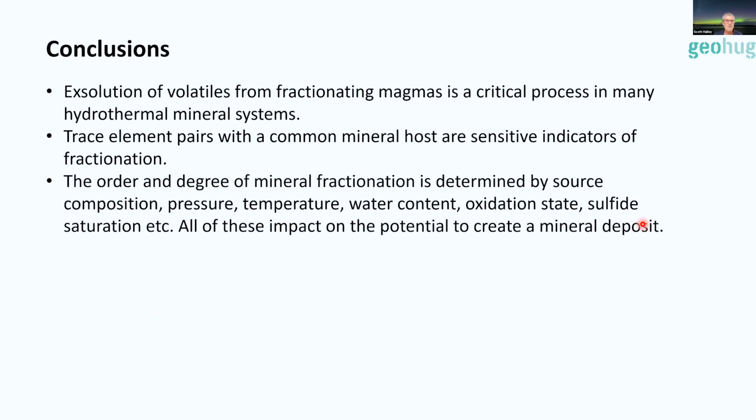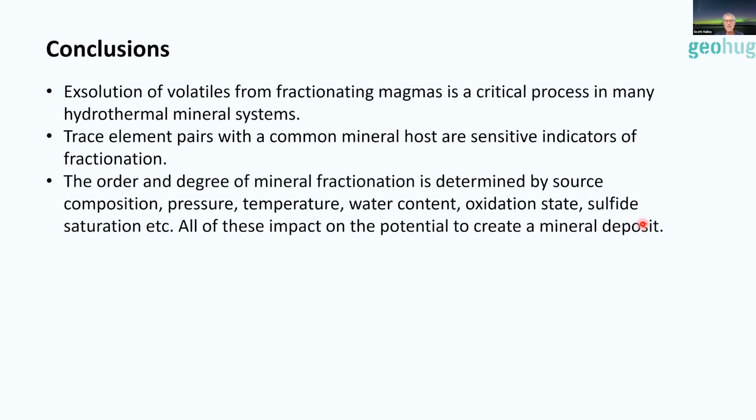So, conclusions. This is all motherhood stuff. You know that exsolution of volatiles in fractionating magmas is a really critical process in lots and lots of different mineral systems. I've shown you a bunch of trace element diagrams here that tell you what kind of fractionation processes are going on. So plot vanadium-scandium ratios against scandium or against silica if you have it. Plot strontium-yttrium ratios.